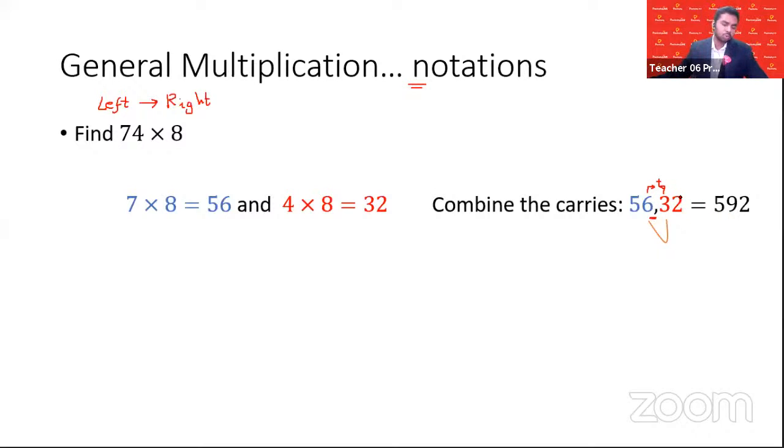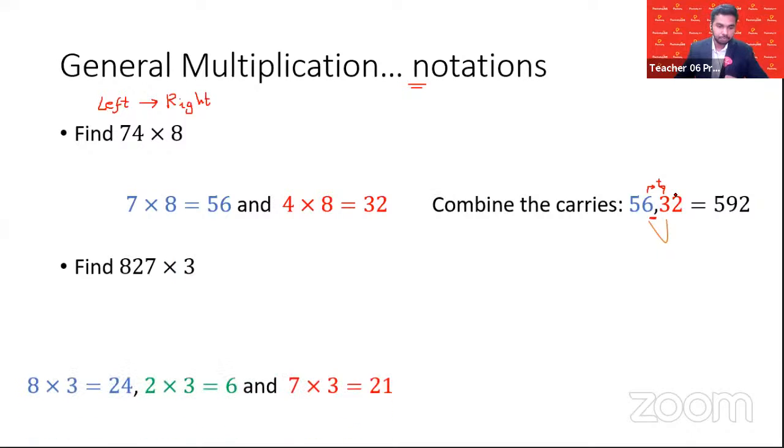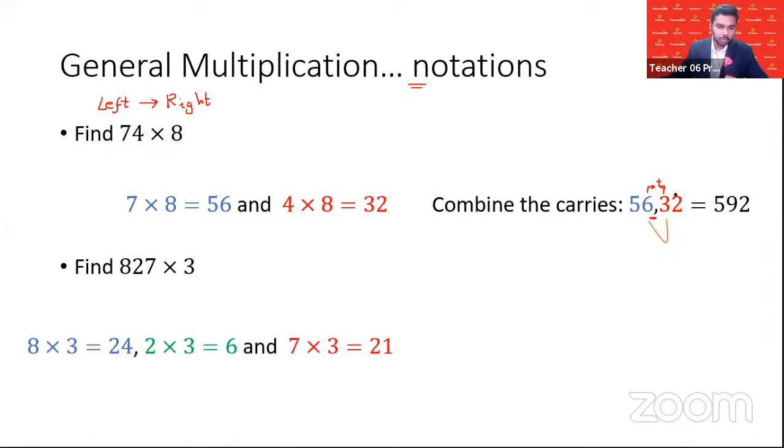So this is how you usually do the carry operation in usual multiplication. Let us do one more of this sort so that we can understand the notation a little bit more carefully. So for doing 827 times 3, we do 8 times 3, the leftmost entry, then the middle entry, which is 2 into 3, which is 6, and then the last entry, which is 7 into 3, 21.